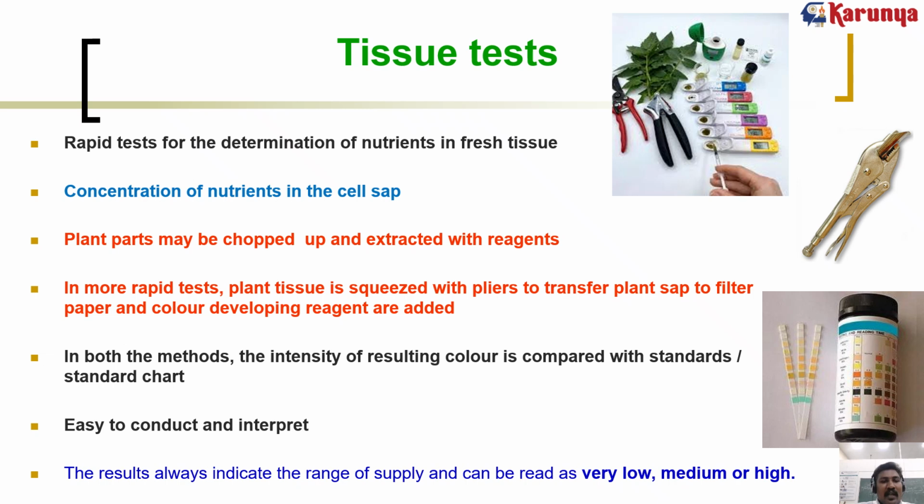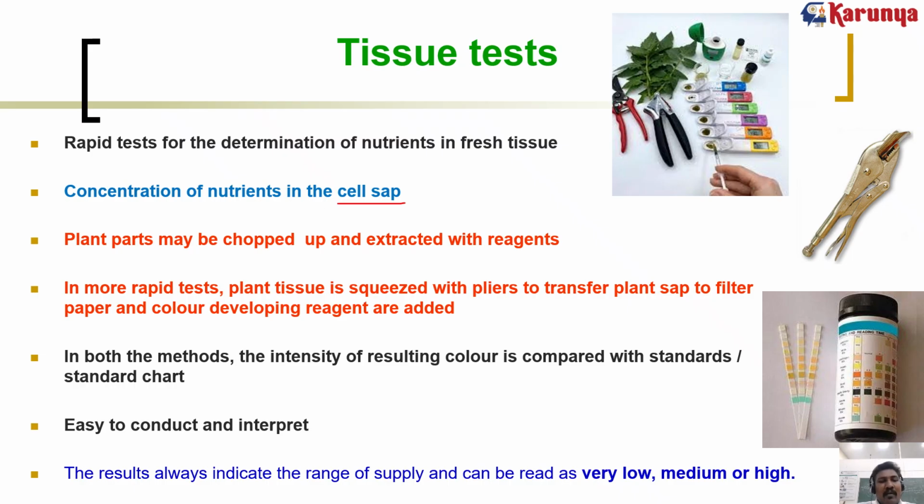You can see the rapid test for determination of nutrient. Instead of waiting a couple of days to 1 week for the whole plant test, you will get an immediate result through the rapid test analysis. You will identify the concentration of nutrients in the cell sap.